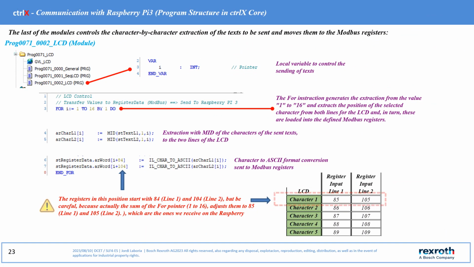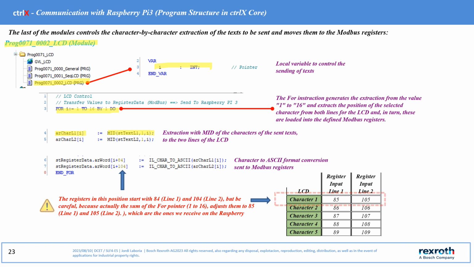The last of the modules is responsible for managing the sending of text to the two lines of the LCD. For this, we use a FOR loop that allows us to extract character by character the string received from each of the lines and send each of them to each corresponding register.